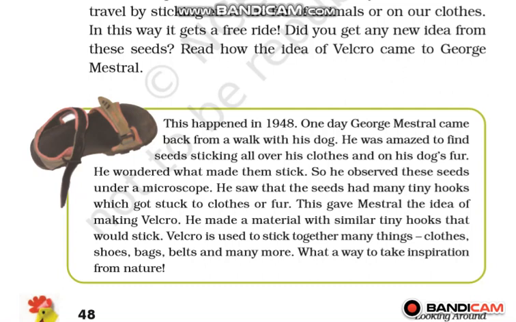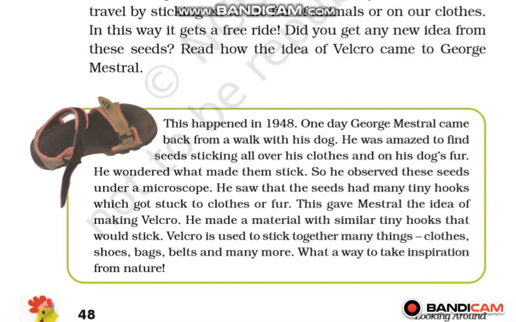Then he thought, how does it stick? And he observed the seed under the microscope, and he saw that the seed had many tiny hooks which got stuck to the clothes or fur. And after seeing these hook-like structures, Mestral got an idea of making Velcro.